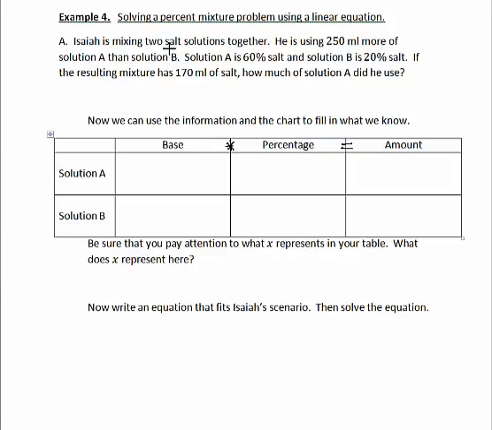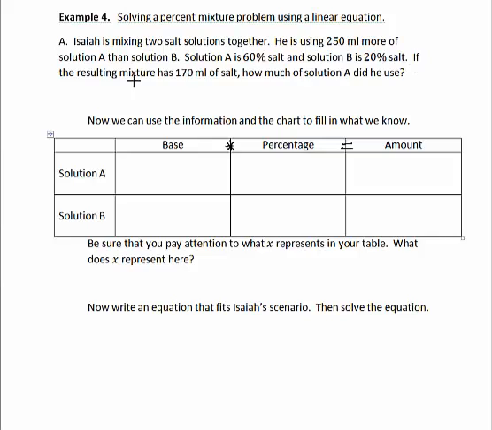So we read the problem. Isaiah is mixing 2 salt solutions together. He is using 250 milliliters more of solution A than B, so we know how they're related, but we don't know the amount of each one individually. So we'll come back to that sentence later. And then in the next sentence, we're told solution A is 60%, solution B is 20%, and so we're given the numbers directly for the percentage column.